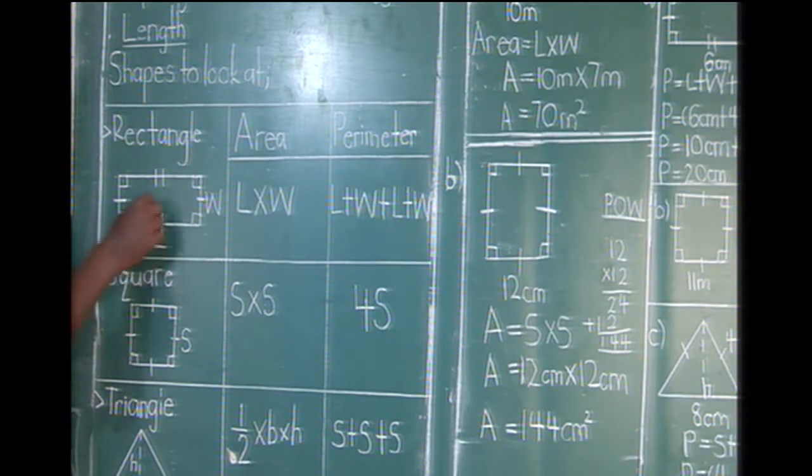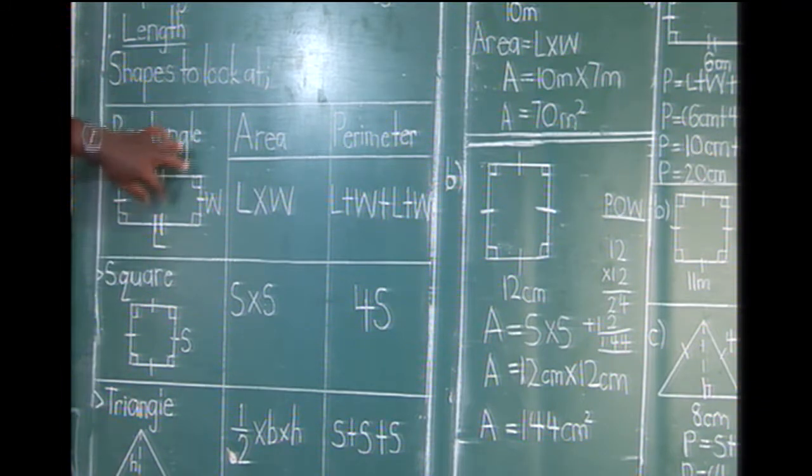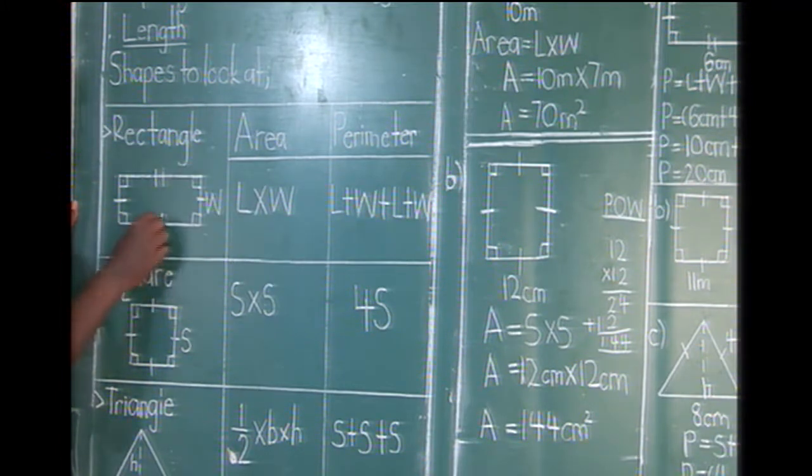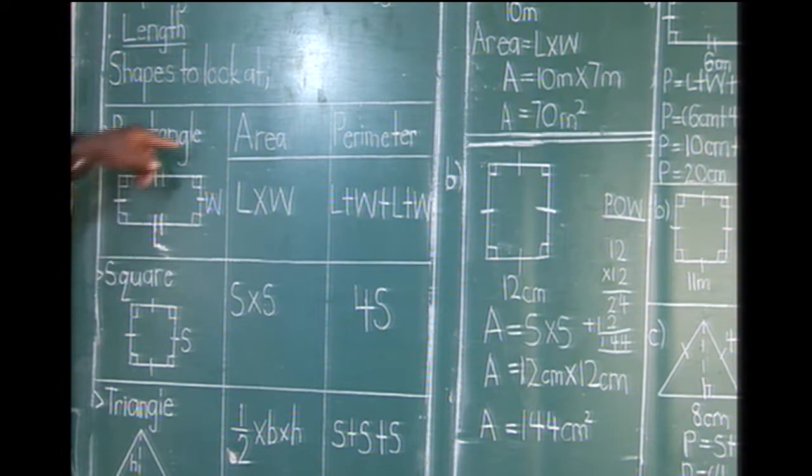That's why I've got two things marked here to mean this side is equal to that side. As opposed to this, this is called width. So this L means length and W means width. So when width is equal to width and length is equal to length, and it's a four-sided polygon drawn in this nature, you name it a rectangle.